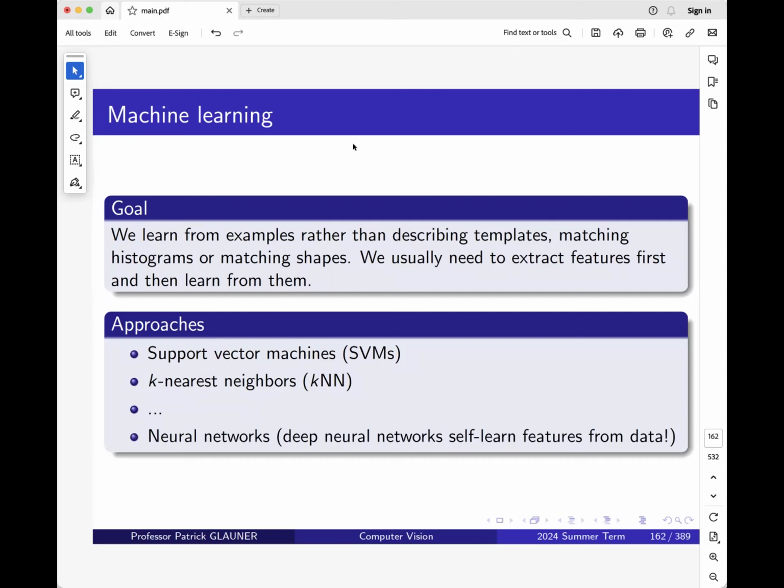Because neural networks, especially deep neural networks, allow us to self-learn features from data and then do something with these features. And that works well, for example, in vision and natural language processing, where it is very difficult to describe features. So we could try to learn these features from the data and then learn a task of what to do with those features. That's the idea of neural networks.